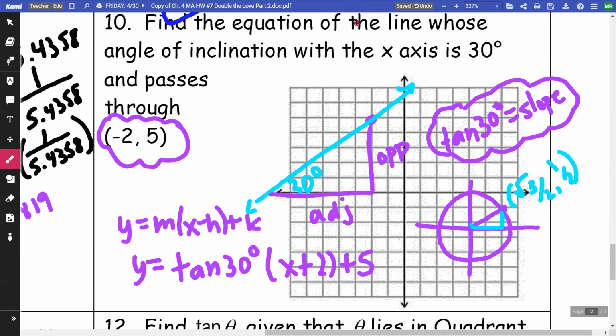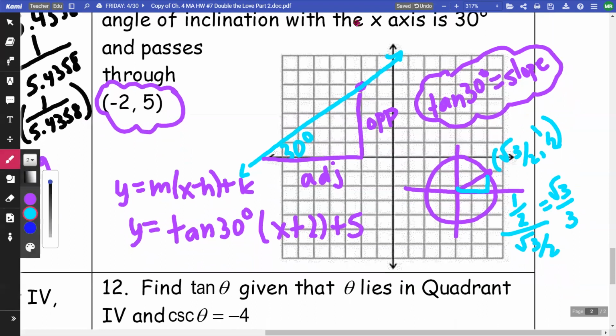So when I'm doing my 1/2 over √3/2 and I clean that up, that is going to end up being √3/3. If you've done this enough, you understand that.